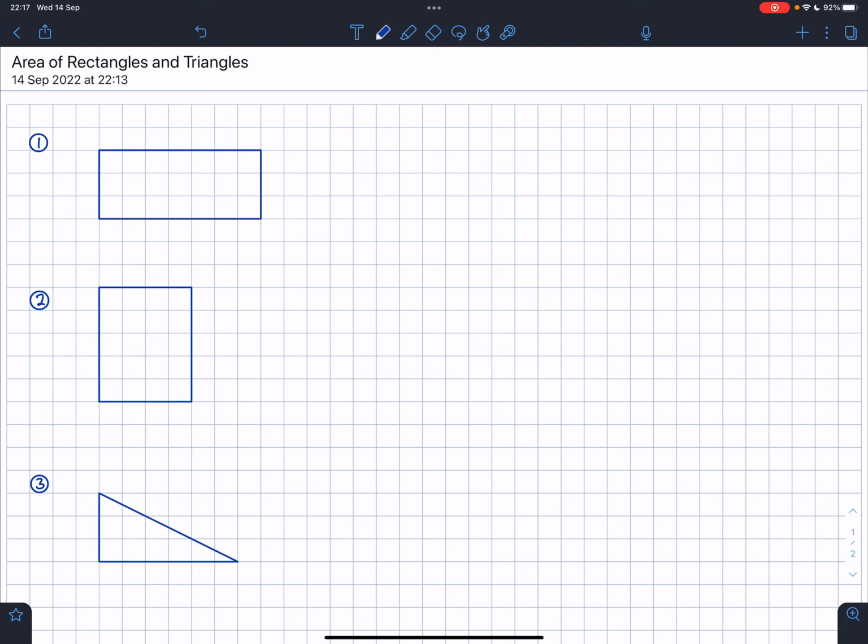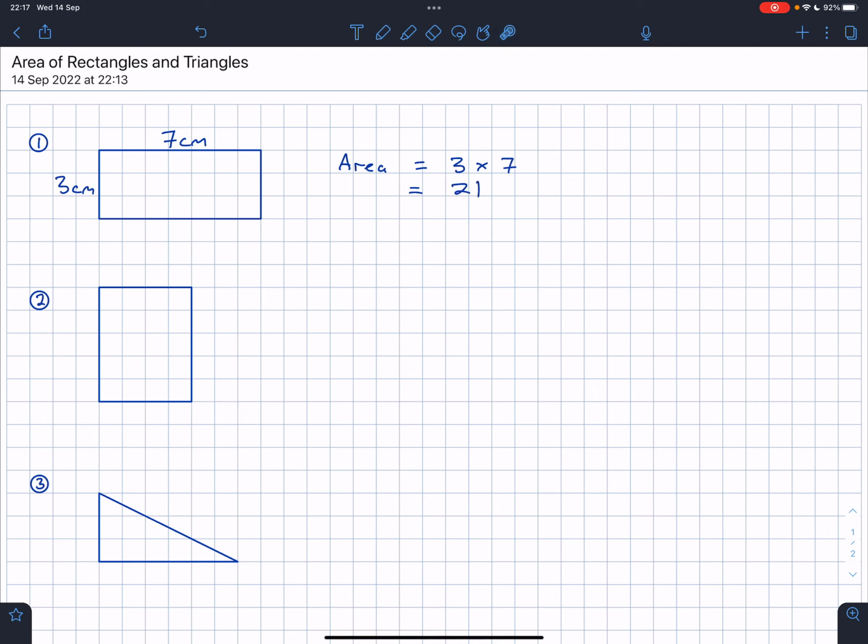So, if we had dimensions now put on, so we actually say what the lengths are, so 7 and 3, and let's say these were centimetres, so 3 centimetres in width and 7 centimetres in width. So the area is going to be 3 rows of 7, so 3 lots of 7, which is 21.